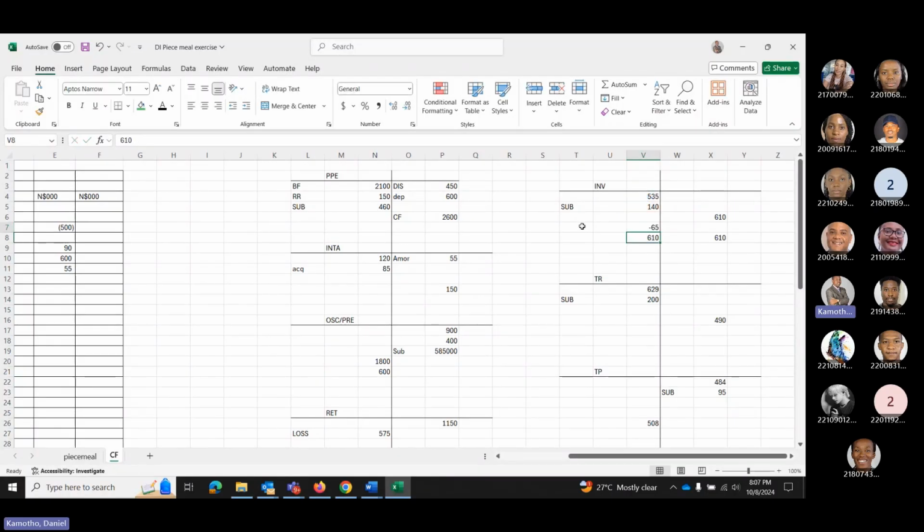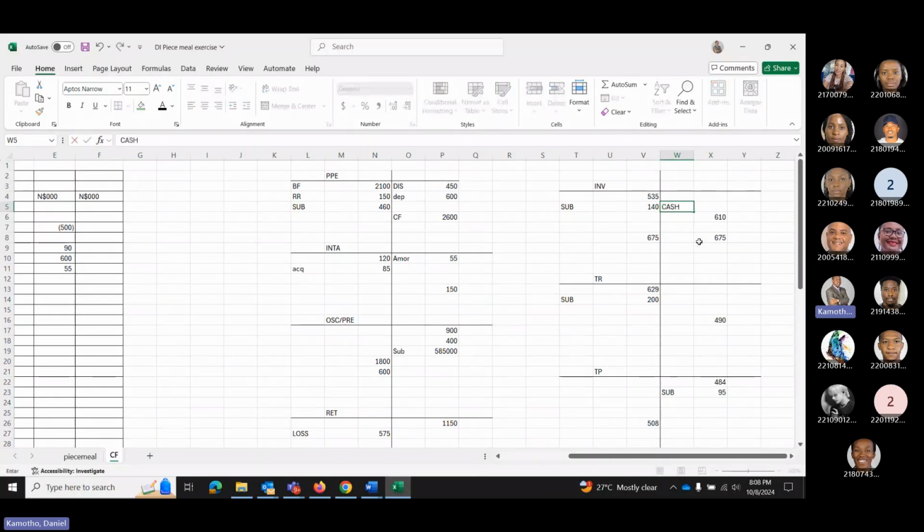So this one is basically, are they more? Oh, this side is more, sorry. If we add it this way, 675. So if we put this as 675, then we are saying we have a balance here, cash.